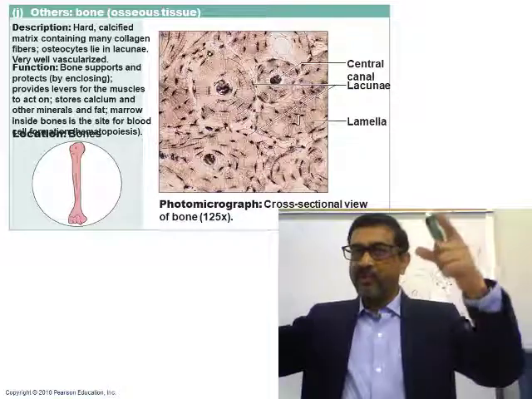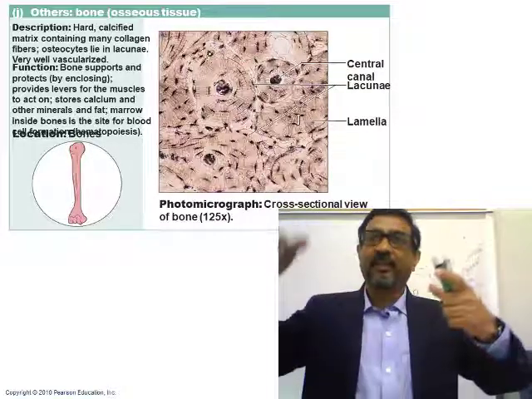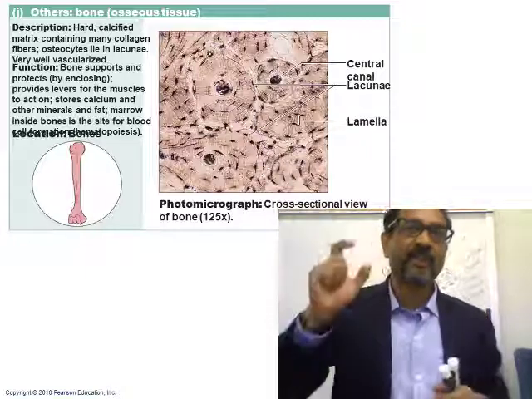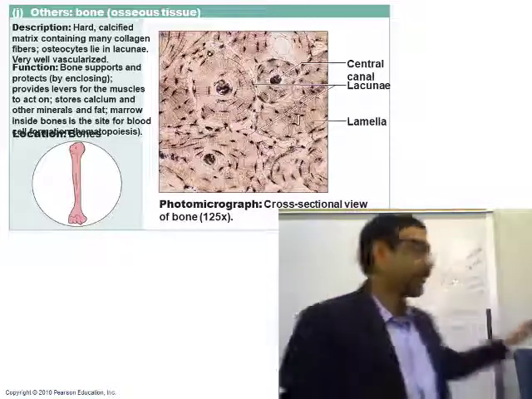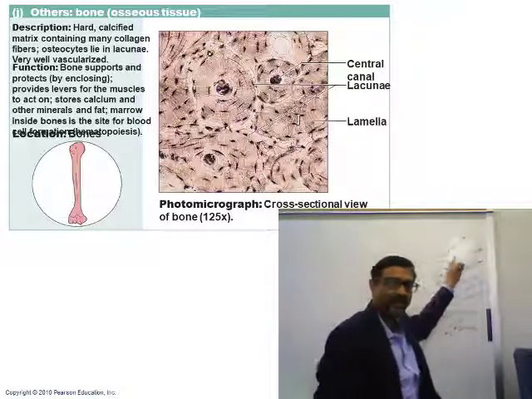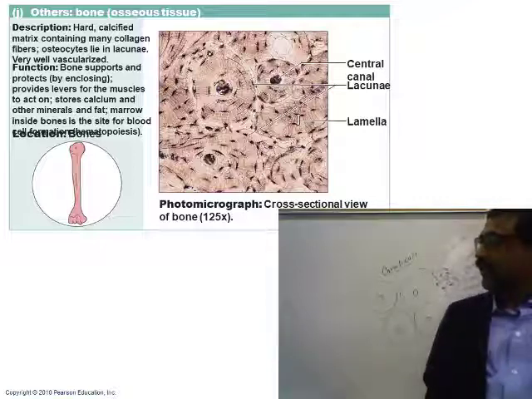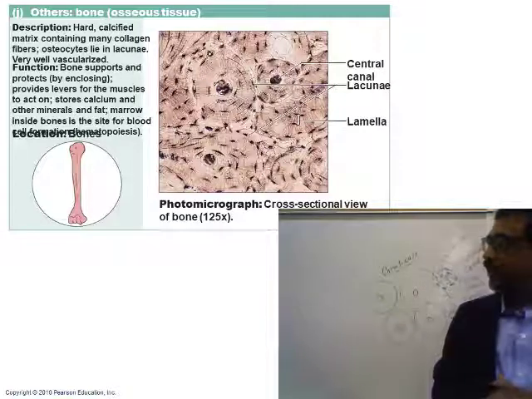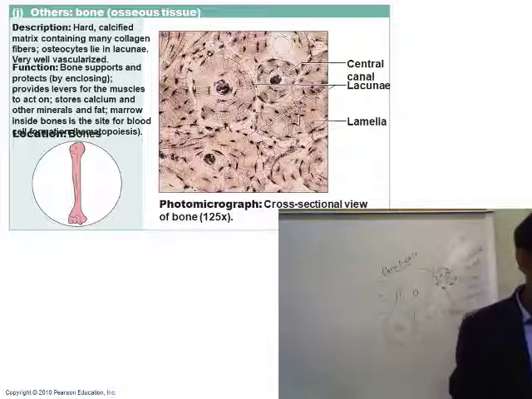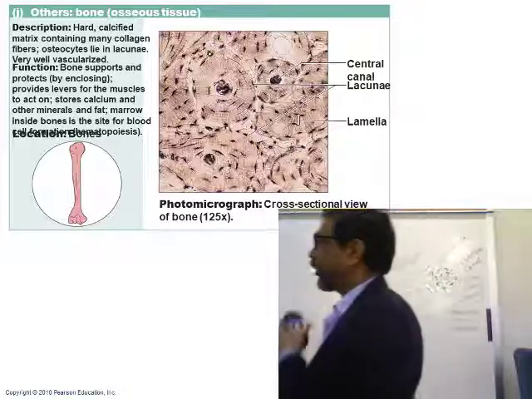Compact bone consists of many columnar structures together, and each column is the osteon, that's the structural unit, and inside the osteon you have all these structures. Is it clear? Okay. So now if you see this picture, you will get the idea of the structure of the compact bone.